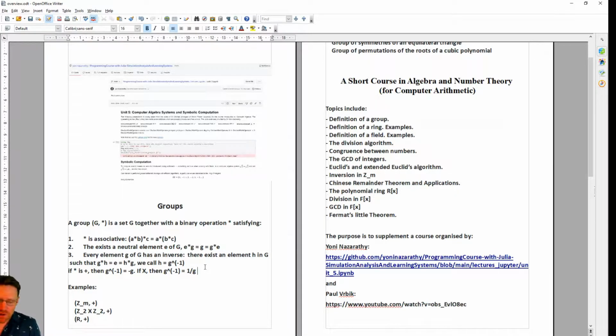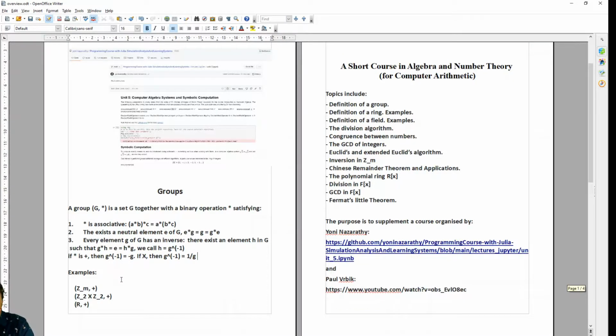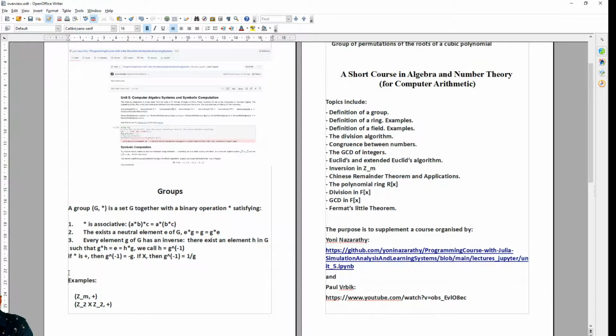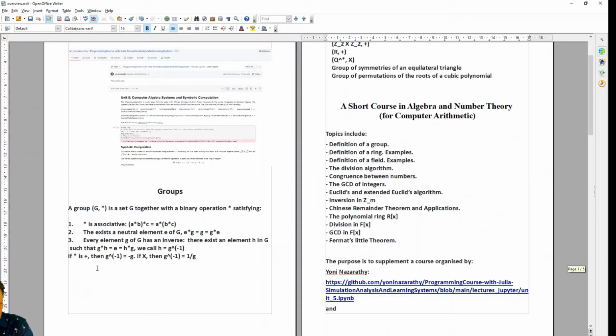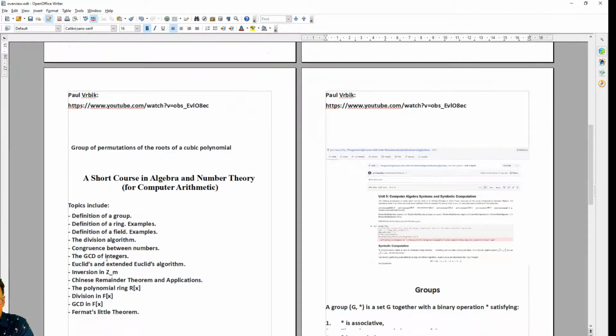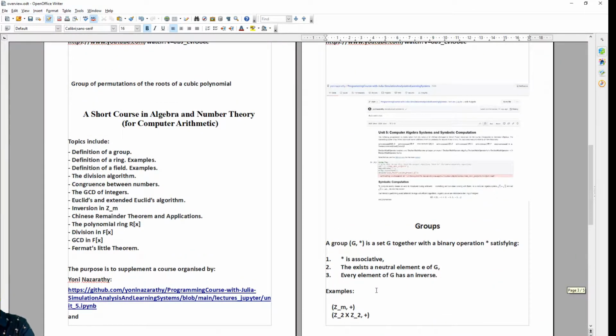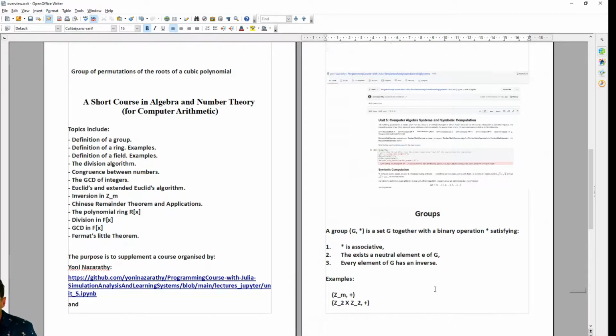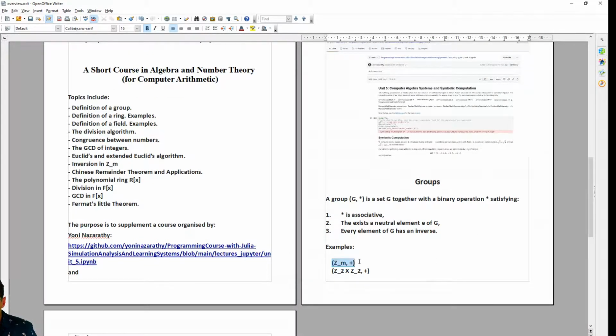Okay, so next I'm going to go over these examples, but I'm going to do so with pen and paper. Okay, so I've just swapped the screens here. So with pen and paper, we'll have integers mod m together with arithmetic.